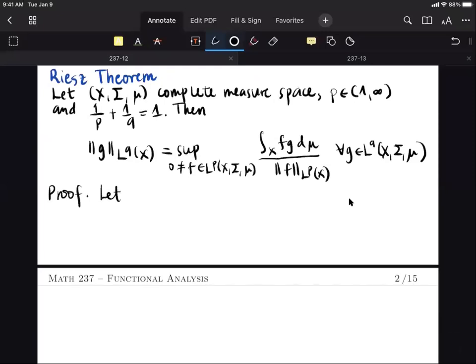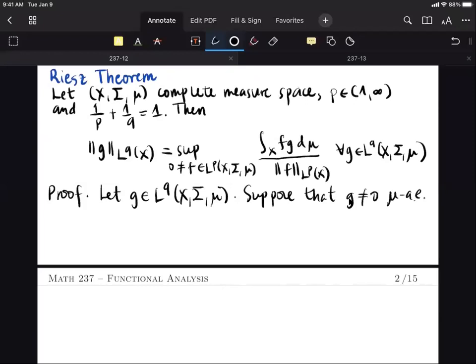let us take an arbitrary element G in LQ, and let us suppose that G is non-zero almost everywhere. Otherwise, meaning if G is 0 almost everywhere, then G is the zero function in LQ. The product here will be 0.